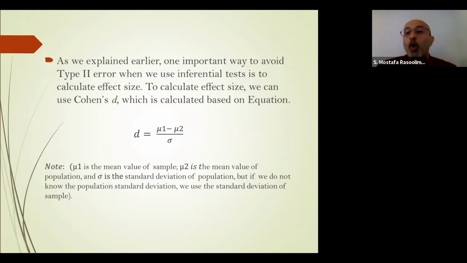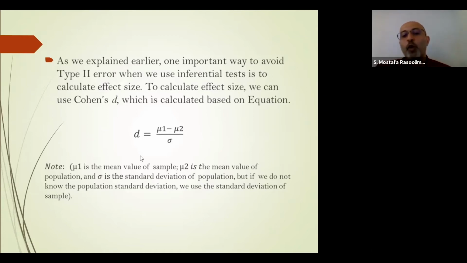But we report the alternative hypothesis. So to avoid this mistake, it's good to report effect size. But unfortunately, effect size is not calculated automatically by software. So you need to do it manually.